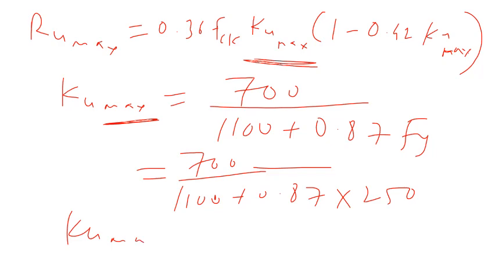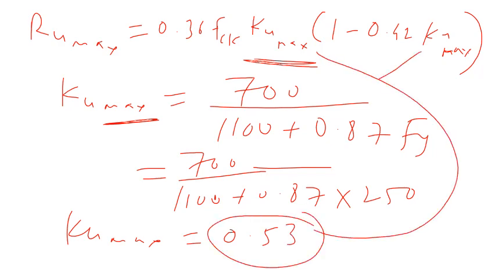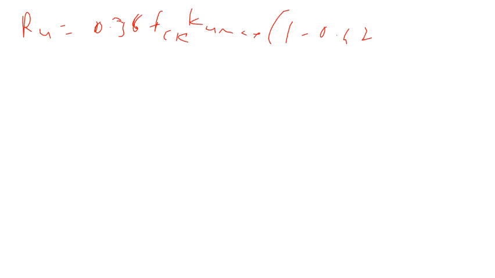So Ku max is equal to 0.53. Now this Ku max will go here and here to find out the Ru max. So I will write the formula one more time: Ru max equal to 0.36 fck Ku max into 1 minus 0.42 Ku max, right?